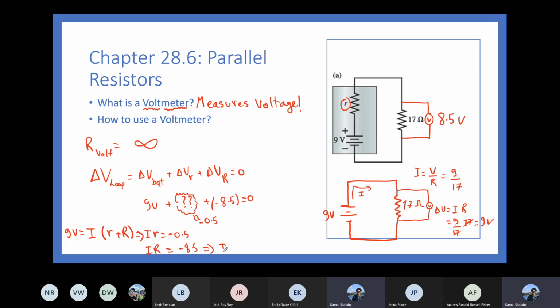That means your I is equal to 8.5 over 17. Should we believe it's equal to half? Yes, it is. It's equal to negative half. So that means your r is equal to 0.5 over 0.5, which is equal to 1 ohm. So this is 1 ohm.